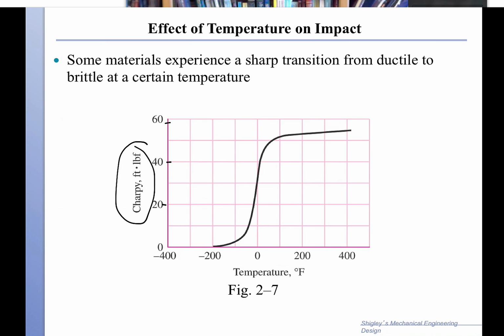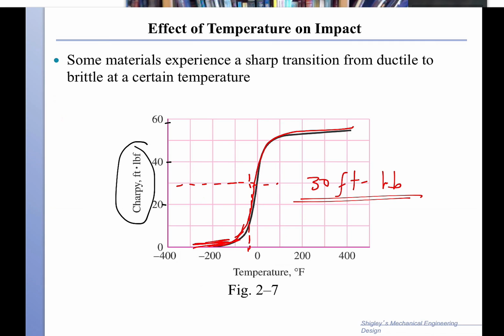Then you see that there are very low values at low temperatures, and as the temperature increases, the value increases. And you have a transition temperature, could be below zero or about zero. That transition temperature is defined when the Charpy energy is 30 foot-pound by definition.